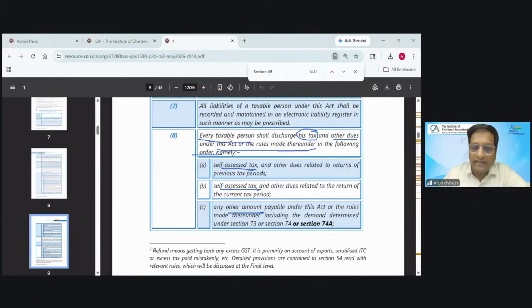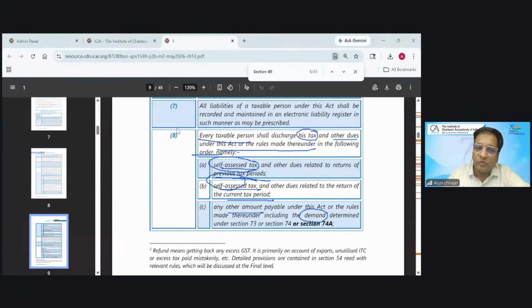So, what is the first? We have to pay the self-assessed tax liability for the previous tax period. Then self-assessed tax liability for the current tax period. And then if there is any other amount payable, including the demand, then we need to pay that. So considering that, what would be the sequence?